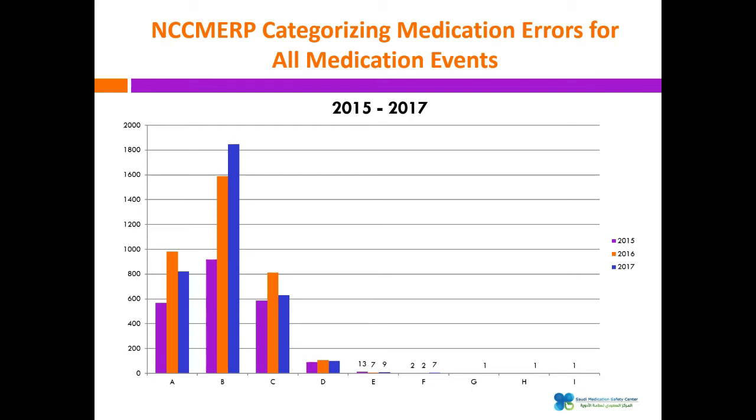However, the incidents that result in category C and D errors actually reach the patient, which means our system failed. So we should look at these more closely as an organization, but alhamdulillah, we have very, very few events that actually cause significant harm. Next slide.